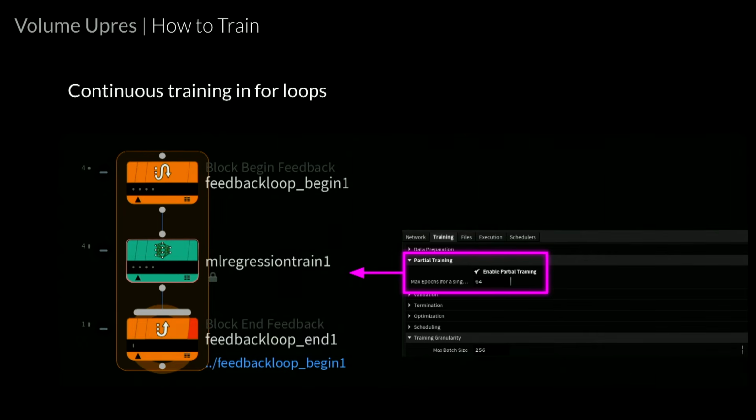While training, you may want to get intermediate results and pause training or continue in another step. You can do this by running the ML train regression tab in a for loop and enabling partial training in the training settings. This saves out a model and a checkpoint file after each loop that you can inspect. You can also use this to generate more training data on the fly as you need it and build much more sophisticated setups.